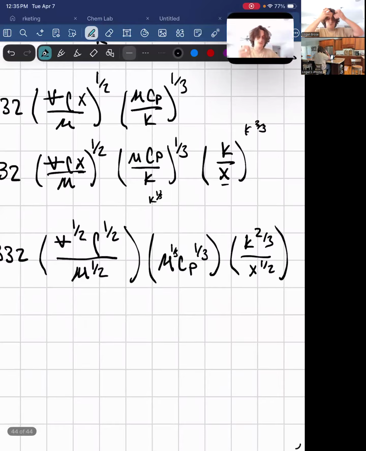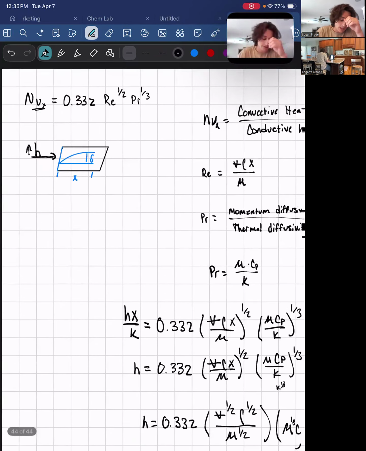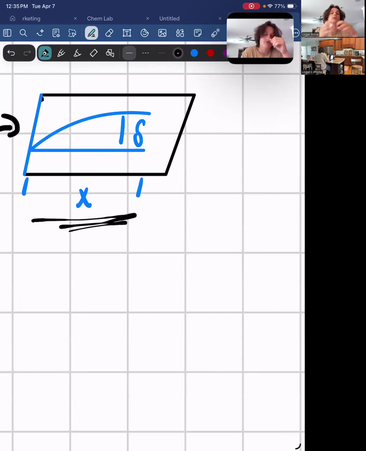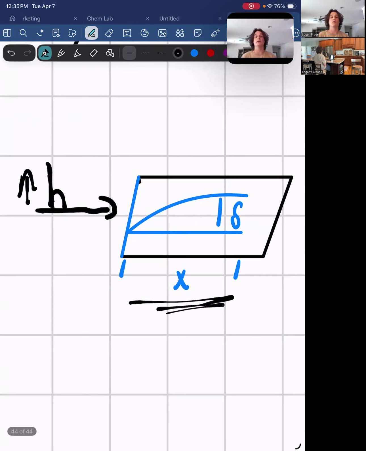When we look at this, what do we notice? Well, what I see is we have our X in the denominator here, meaning when we increase X, our heat transfer, which is what we're trying to maximize, is going to decrease. So when we make the X larger, when we're further away, our heat transfer is going to end up being smaller.